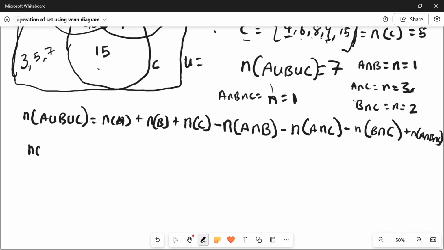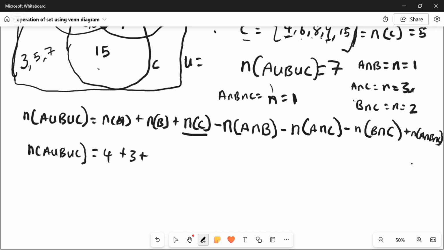This is A union B union C, which is to look for all the elements in the subsets A, B, and C together. So let's write it out now. The number of elements in set A, you have gotten it as 4. The number of elements in set B, you got it as 3. So we're going to add 3 to this.